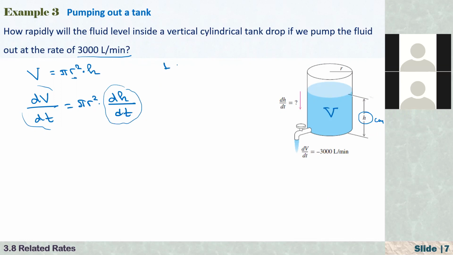So we know that 1 liter is equal to 1,000 centimeters cubed, right? So that means that 3,000 liters per minute means that here we have 3 times 10 to the power of 6 centimeters cubed per minute.